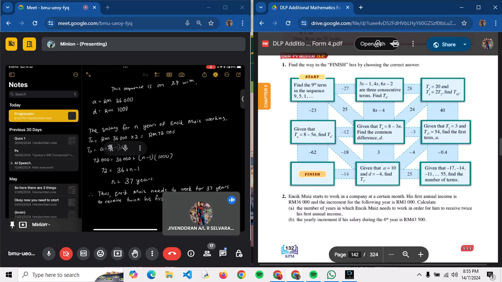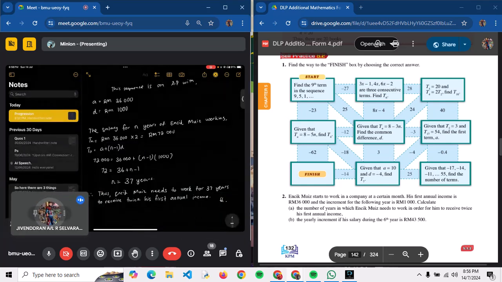So you already have the info. We just put into the formula: 72,000 equals 36,000 plus n minus 1, the d is 1,000. Now we have to find the n. So we expand the bracket, then move around the numbers, and you will get n equals 37 years.